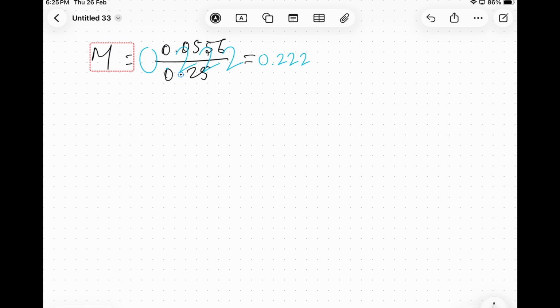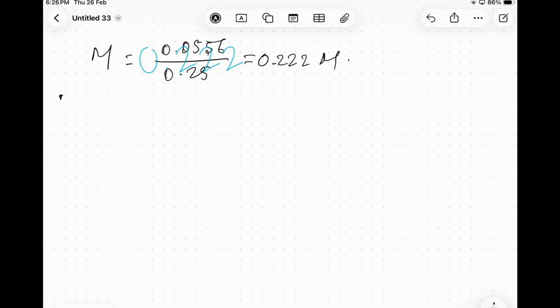Then molarity of this solution is 0.556 divided by 0.25, and the answer is 0.222. Here is the answer. By solving these two questions, we came to know what is molarity and how we should solve questions of molarity.